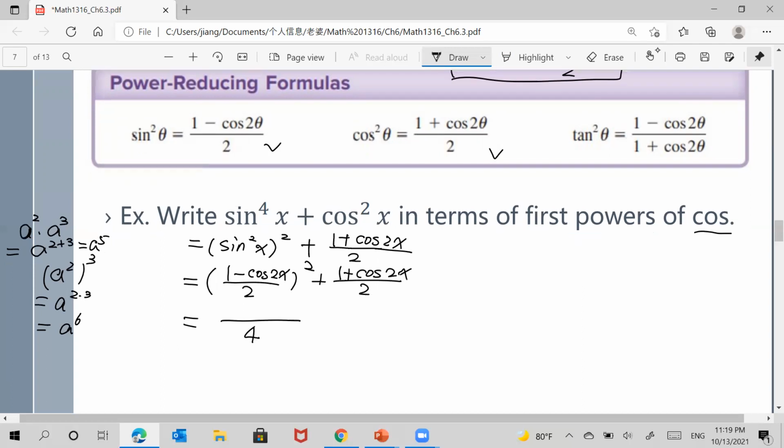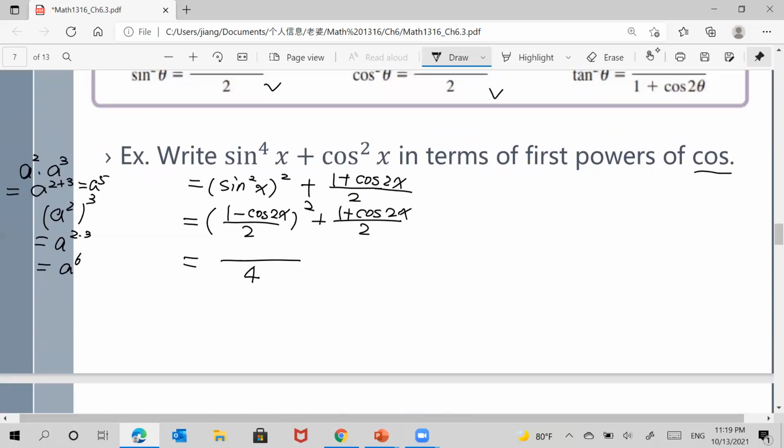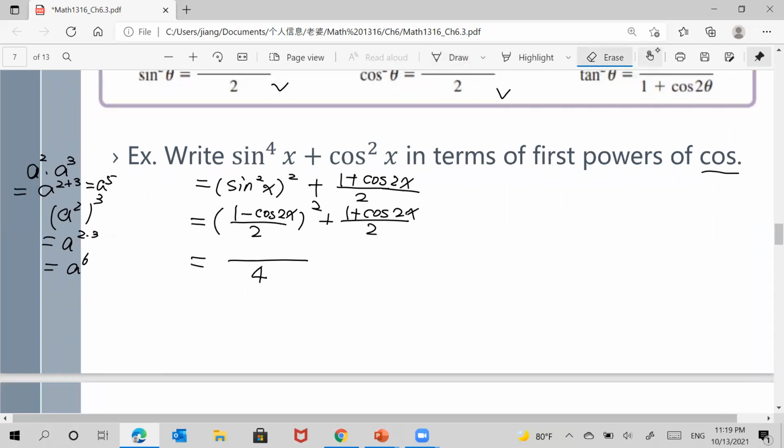Do I have enough space? I think so. So let me erase this to make it smaller. Okay. 4. 1 minus cosine 2x squared. 1 plus cosine 2x.